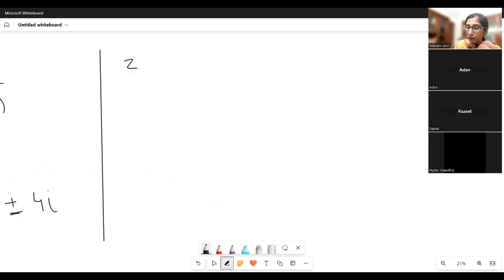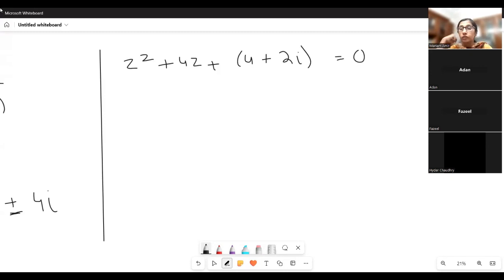Z squared plus 4z plus 4 plus 2 iota equals 0. So A is 1 real, B is 4 real, but C is 4 plus 2 iota, not real. So it is still a quadratic equation, but the roots will not be complex conjugate pairs. Because for that, A, B, C need to be real.